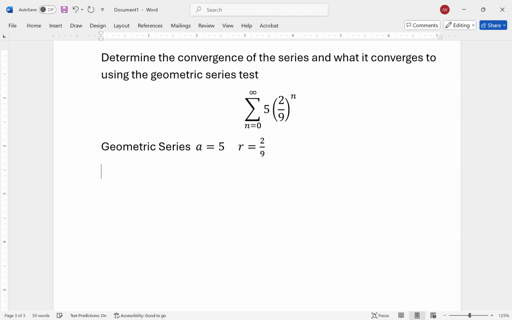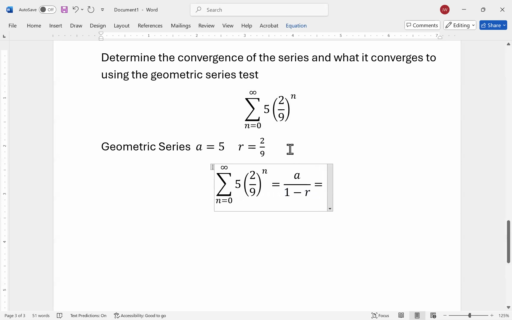So I know that this series is going to converge, and it's going to converge to a over 1 minus r. Since I'm starting my count at 0, this series is equal to a over 1 minus r.